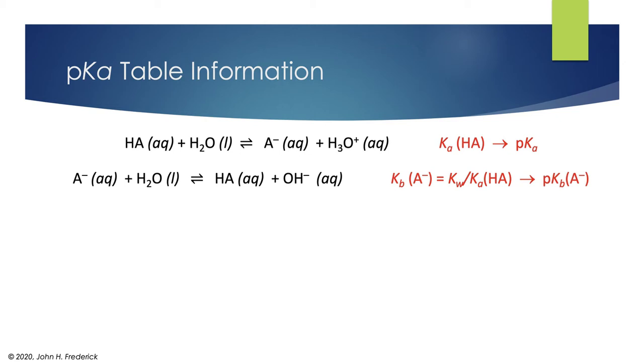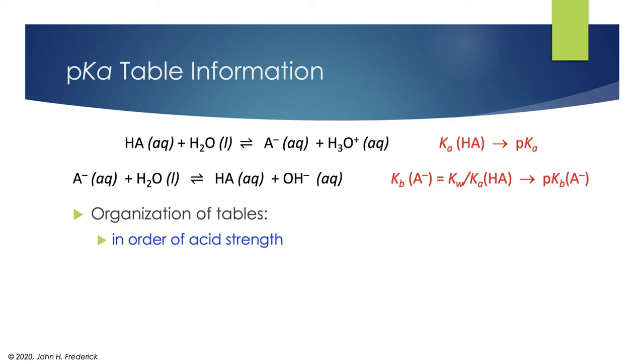We may also be interested in the base equilibrium, which is the second reaction. I've shown it here for the base that's conjugate to the weak acid HA, but you could also do it for any base. What often happens is that instead of reporting the basicity constant for a base, they'll report the Ka for its conjugate acid.